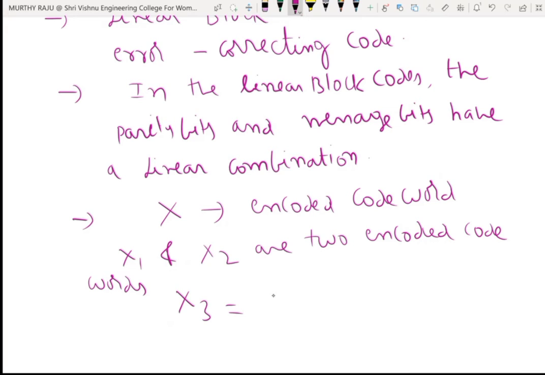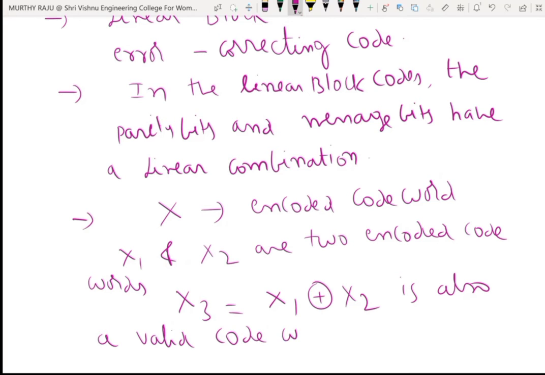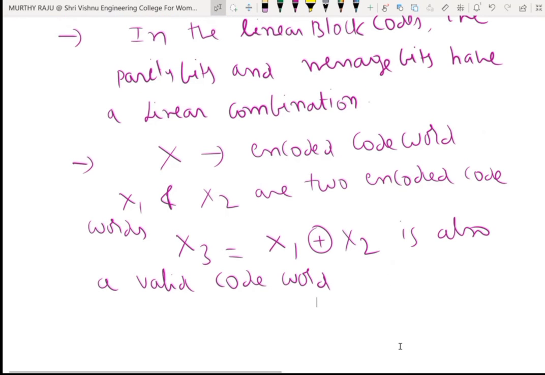X3 equals X1 exclusive OR with X2 is also a valid code word. X3 is obtained with X1 exclusive OR X2, that means a linear combination of X1 with X2.